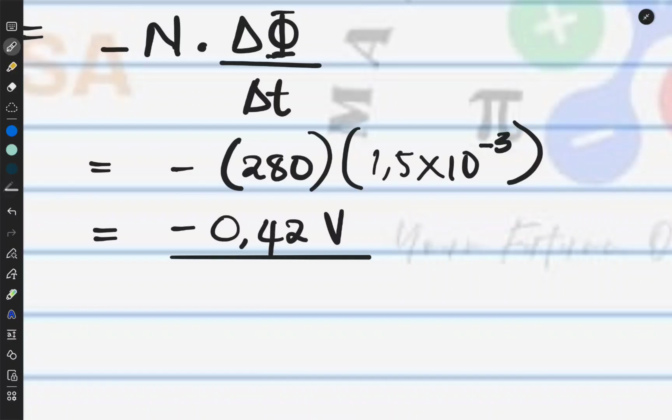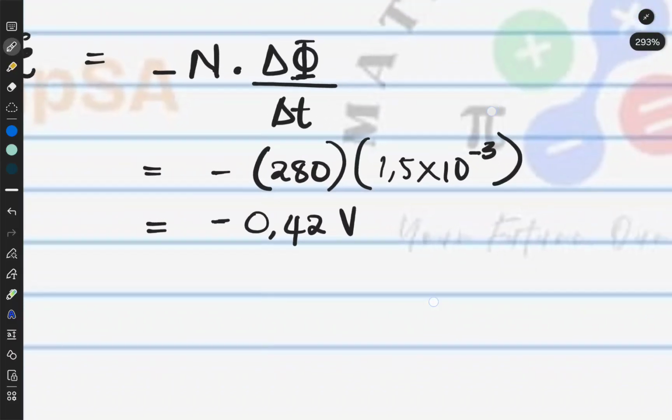It's physically meaningful to have the negative sign, but you might find that in other textbooks or with other people, they prefer to just write this as a positive value. Even if you leave it as negative, even if you write it as positive, it's fine. Both are actually correct. It's just an indication of the direction of the EMF, right? If you have a negative sign, it's indicating something. If you have a positive value, it's also indicating something.